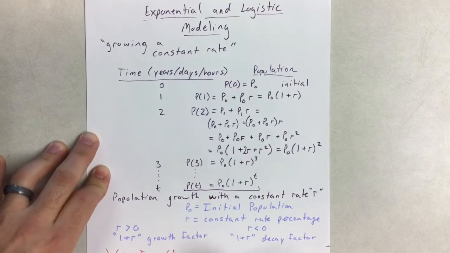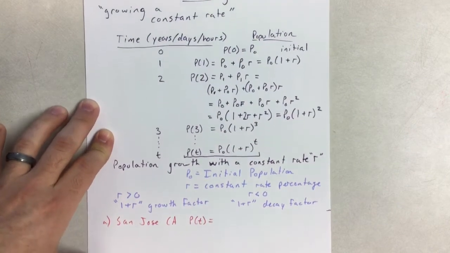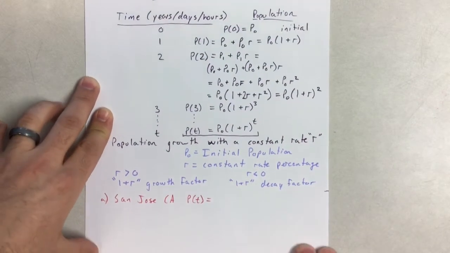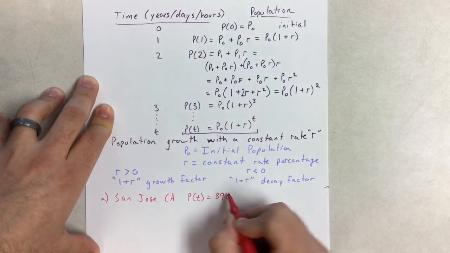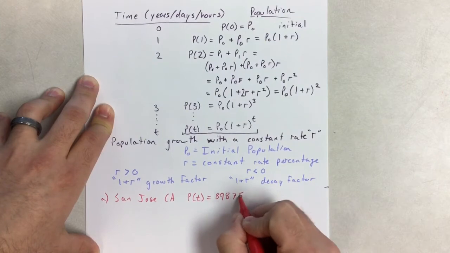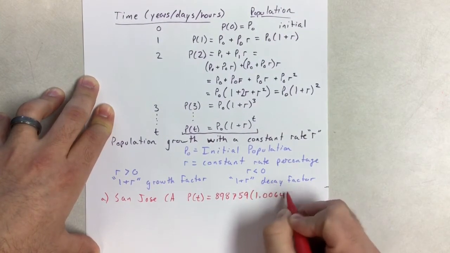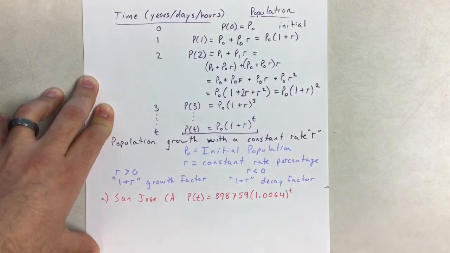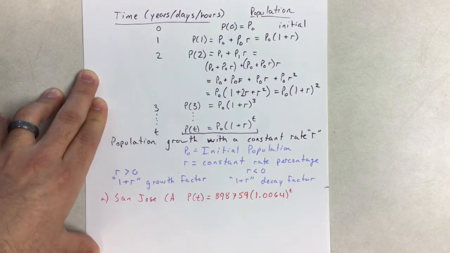Okay, and somebody found that this was the formula for the population growth. So they found it to be 898,759 multiplied by 1.0064 raised to the power of t. And that's the function to represent this population's growth.